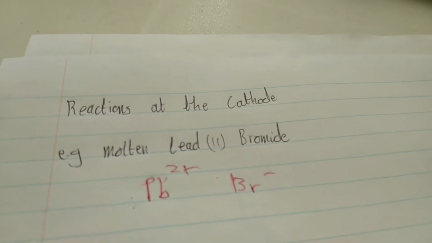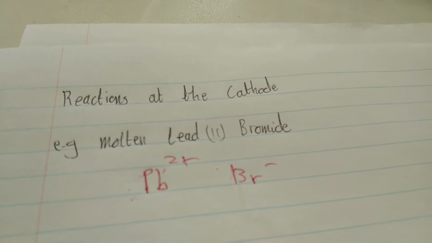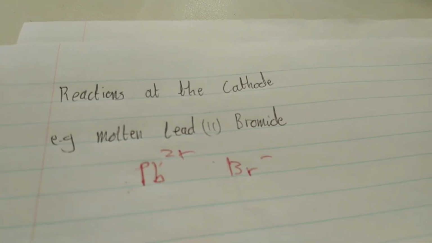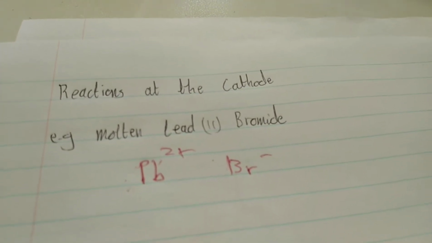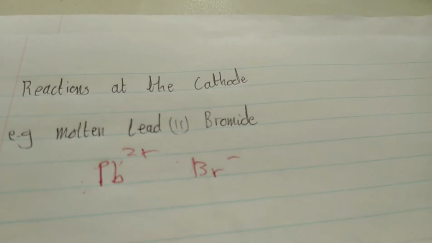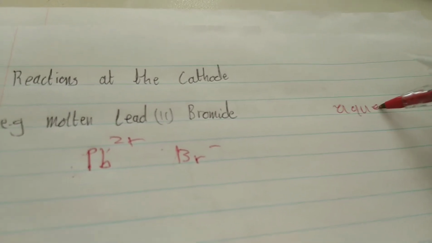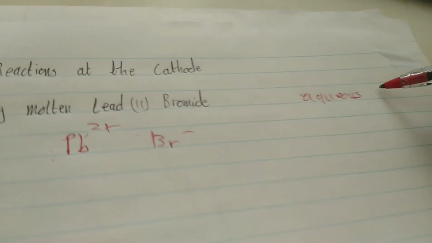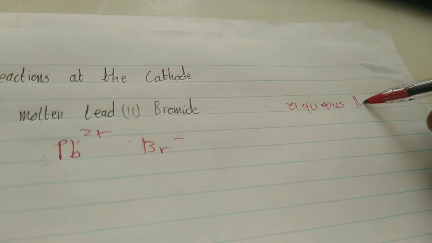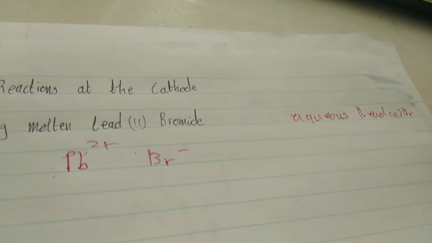These are the only ions present. But when we say the substance is aqueous, let's say aqueous lead-2 bromide.